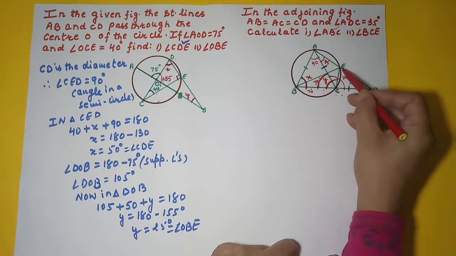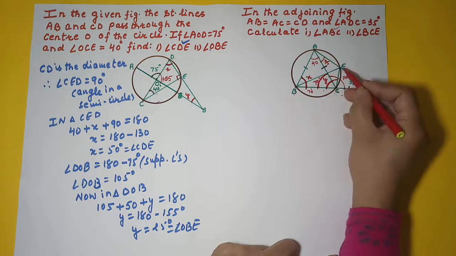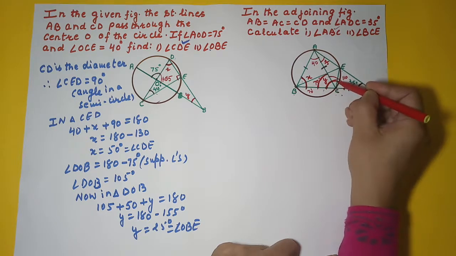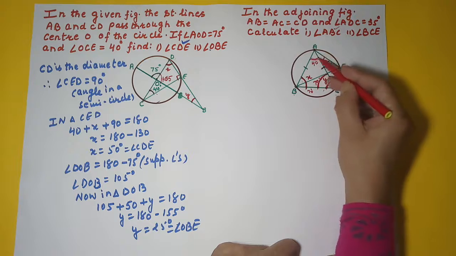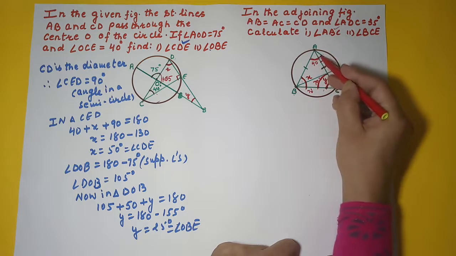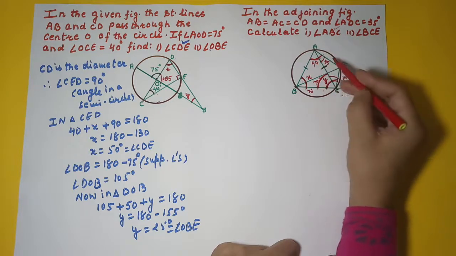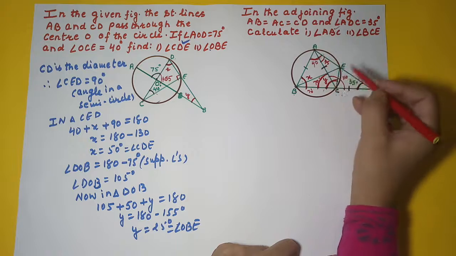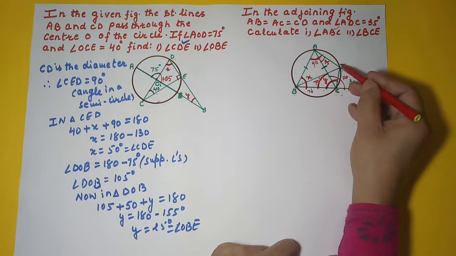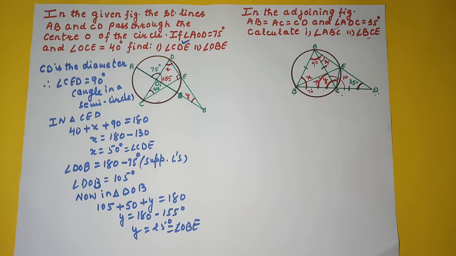Now BCEA is a cyclic quadrilateral, and BCE we can find as this BCE plus this angle is equal to 180. So we have got this entire angle as 40 plus 35, that is 75. So if we subtract 75 from 180, we will get BCE, right? So that's the second part. So let's write it now.